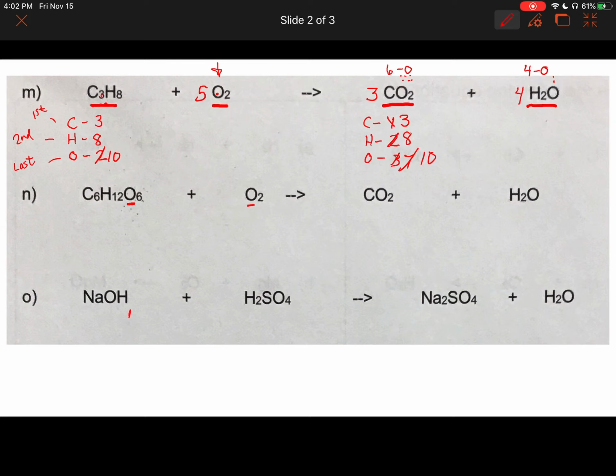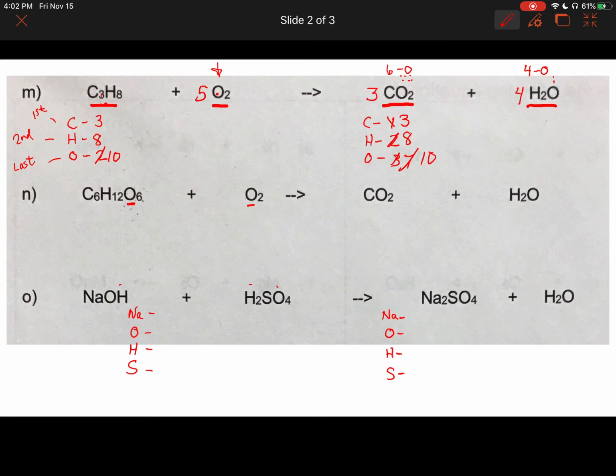My elements include sodium, oxygen, hydrogen. This hydrogen can be located in both substances. And then I have sulfur and I have oxygen, which is a repeat. So I have a total of 4 elements. And I'm going to put them in the same order on this side so that they line up with one another.